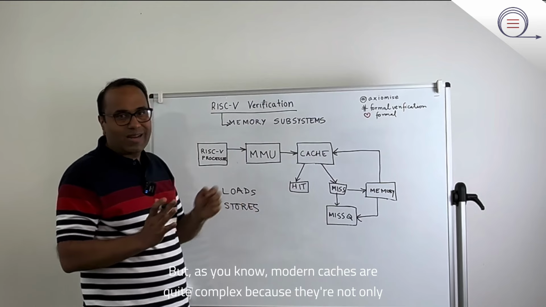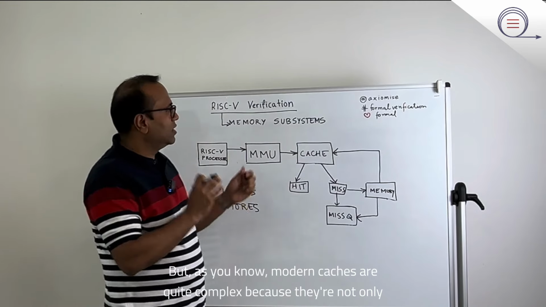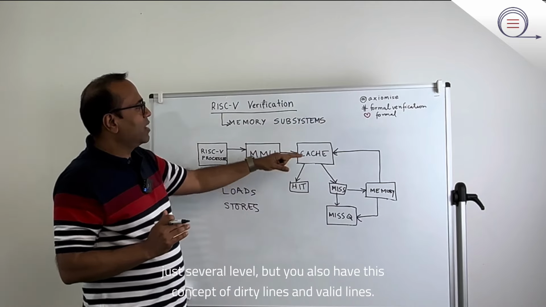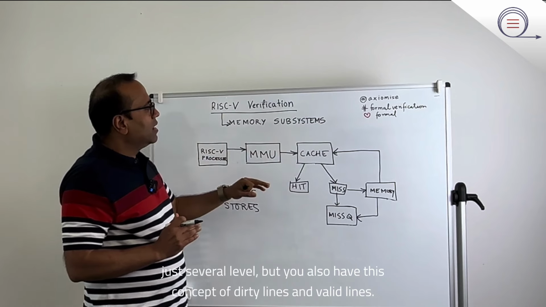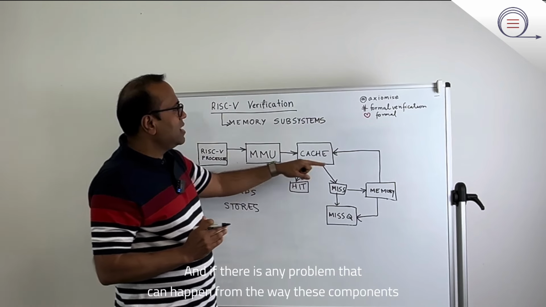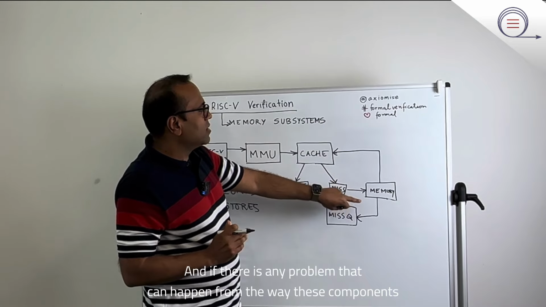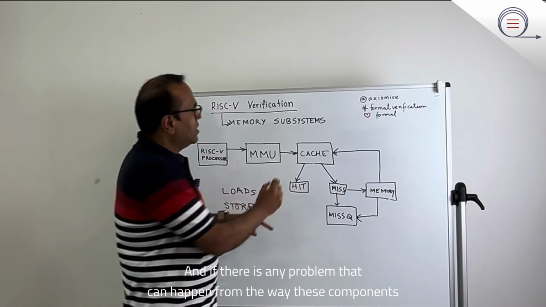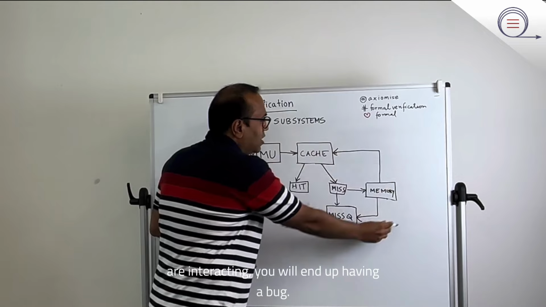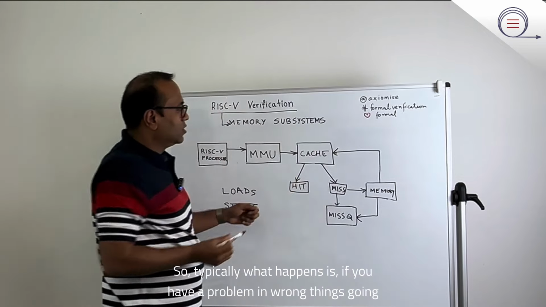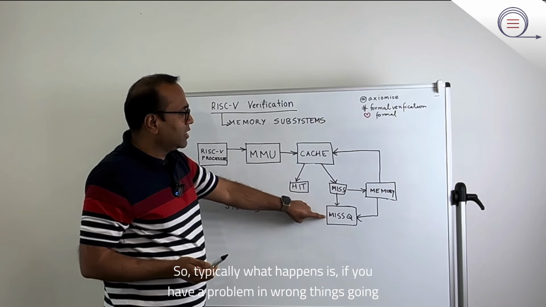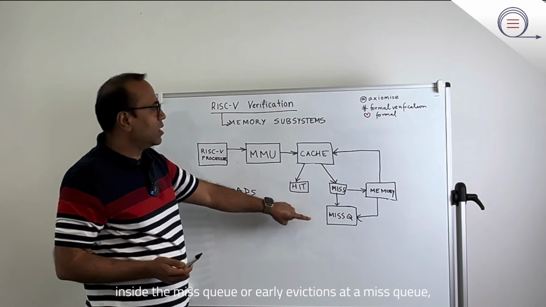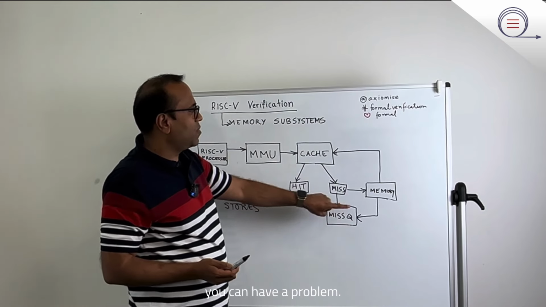But as you know, modern caches are quite complex because they're not only several levels, but you also have the concept of dirty lines and valid lines. And if there is any problem in the way these components are interacting, you will end up having a bug. Typically, if you have wrong things going into the miss queue or early evictions out of the miss queue, you can have a problem.